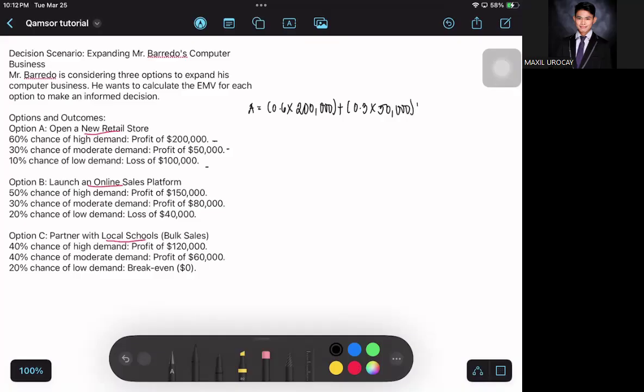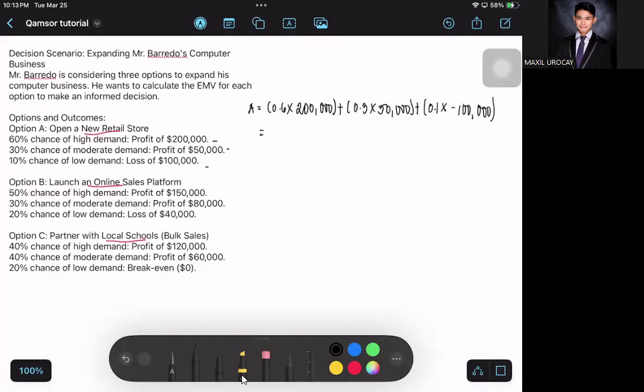Additionally, there is a 10% chance of low demand, a loss of 100,000. So you need to do 0.1 times negative 100,000, since that is a loss.